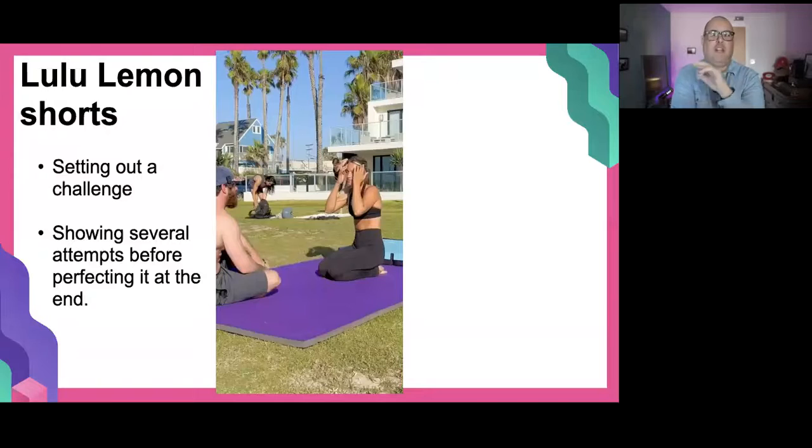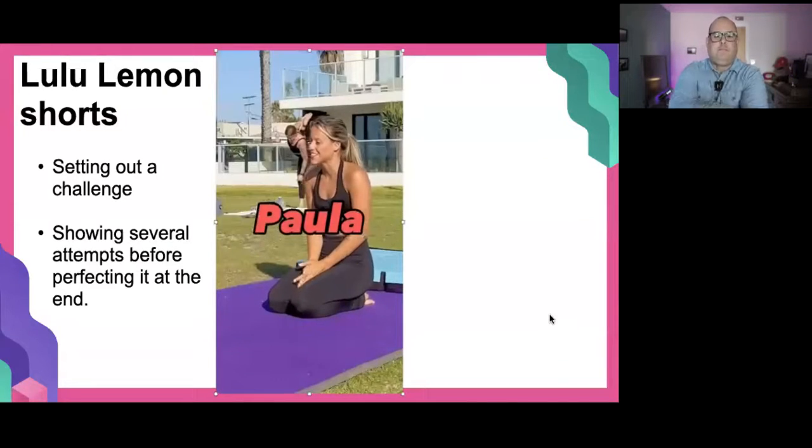I'm going to show several attempts before perfecting it at the end. So you as the audience are like, whoa, I'm going to sit around for this because I want to see that person succeed. It's a story of rising up. Anyway, just imagine ballet, English, contemporary dance, folk dancing, whatever dancing you want, in this situation.